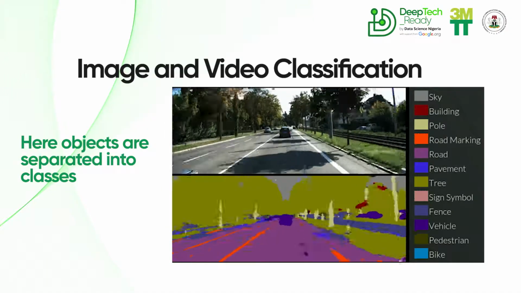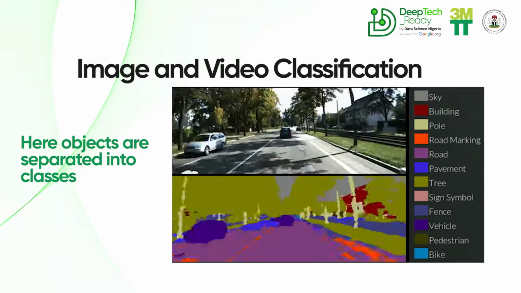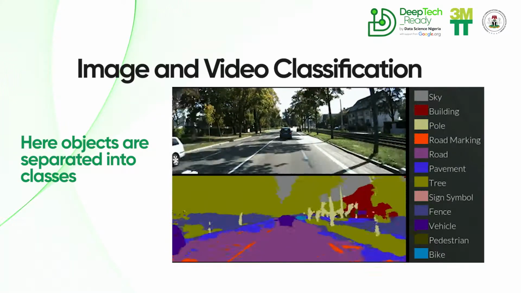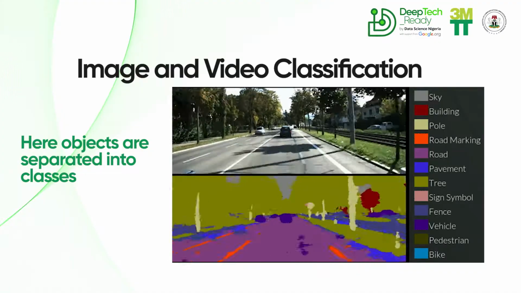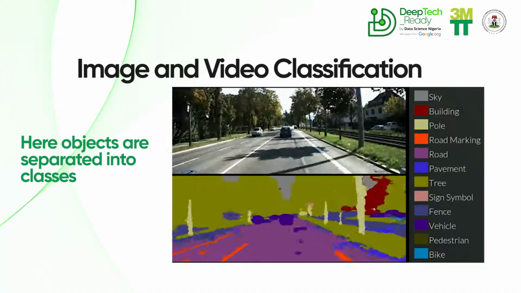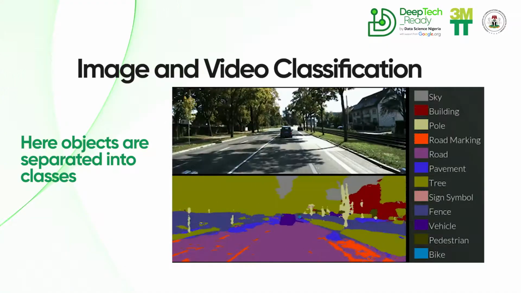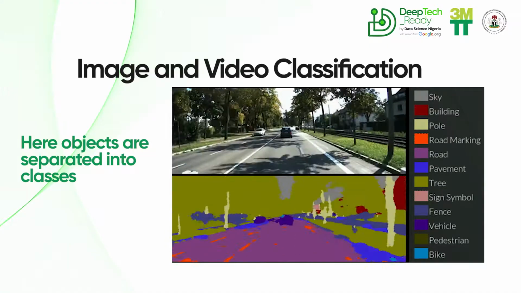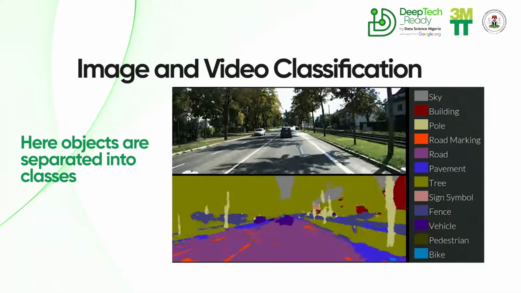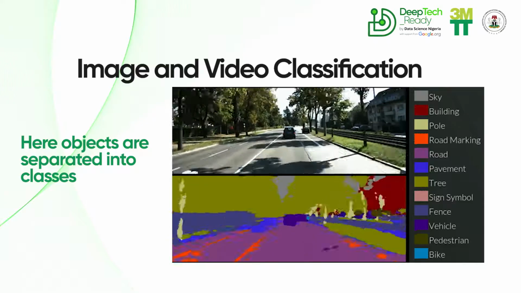You can see it's giving them different colors, the tree from the road and the like. Those are different classes that need to be catered for. So computer vision makes it very easy for us to identify trees different from the road, different from the car, different from the pedestrian, and so many other things that we are familiar with.